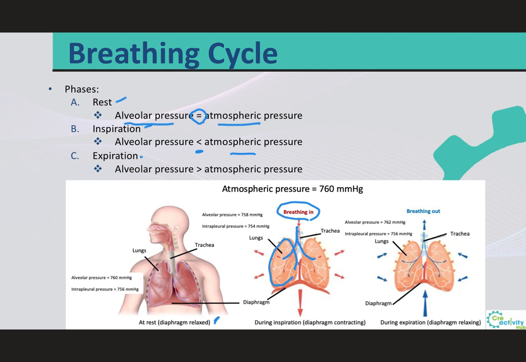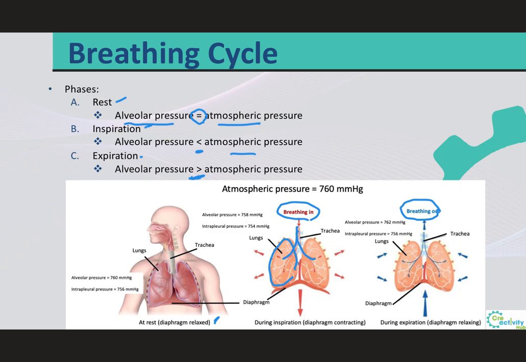Now, the opposite will occur during expiration. So this means when you're breathing out, which can also be called exhalation, and this is also due to a pressure gradient. But in this case, the gradient is in the opposite direction, meaning that the alveolar pressure is greater than the atmospheric pressure. And unlike inspiration, the normal expiration during quiet breathing is actually a passive process because there are no muscle contractions that are going to be involved.